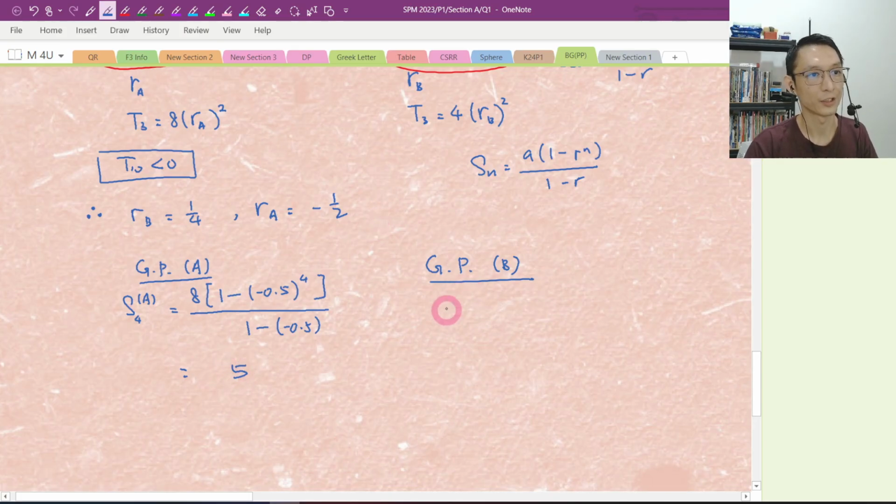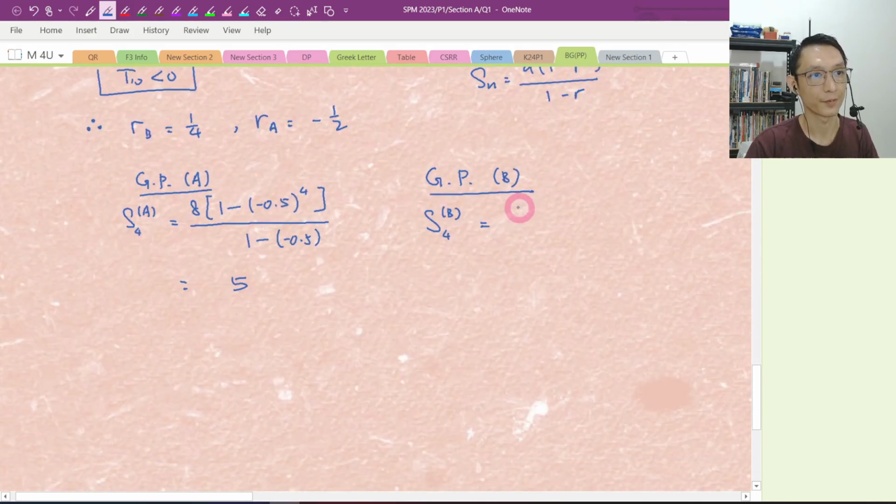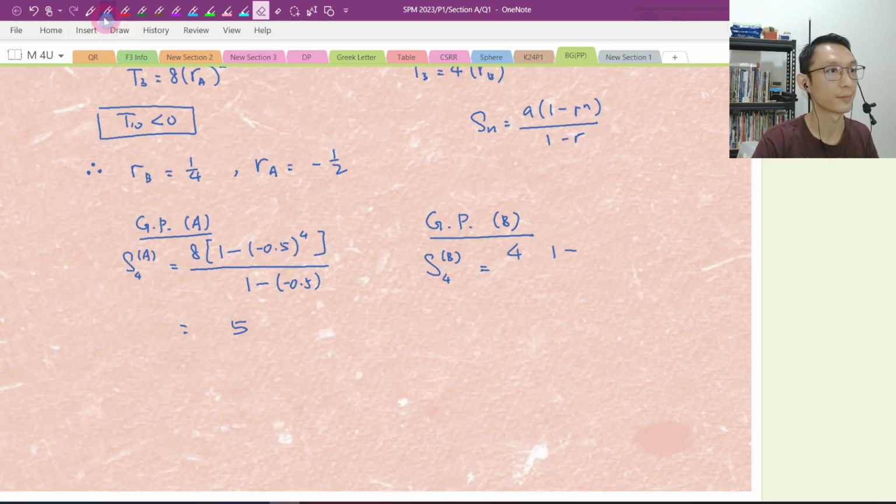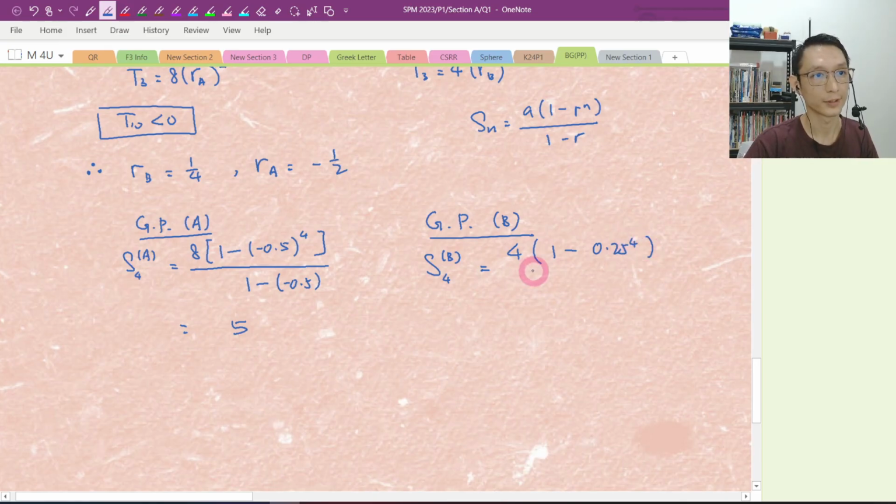So how about this one? Using the same formula, the sum of the first 4 terms of geometric progression B is equal to, okay, the first term is 4, right? 4, 1 minus r. So this is 1 over 4. You can write 1 over 4, or if you don't want, you can just change it to a decimal, which is 0.25. 0.25 to the power 4, over 1 minus r.